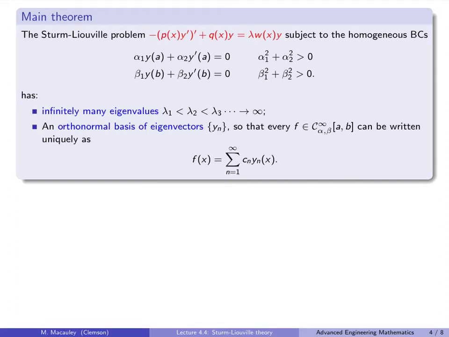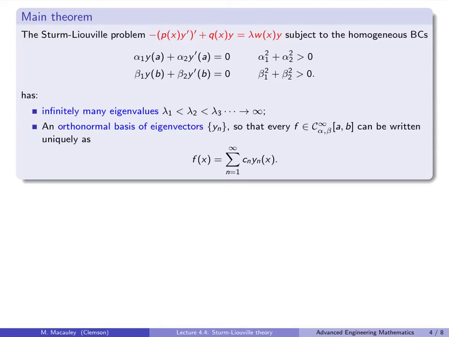Secondly, there is an orthonormal basis of eigenvectors or eigenfunctions y_n, so that every smooth function on [a,b] satisfying these boundary conditions can be written uniquely as a linear combination of these eigenfunctions. So an infinite sum, possibly infinite, from n equals 1 to infinity of c_n y_n(x). So think of this as like a generalized Fourier series, and that's actually what they're called.